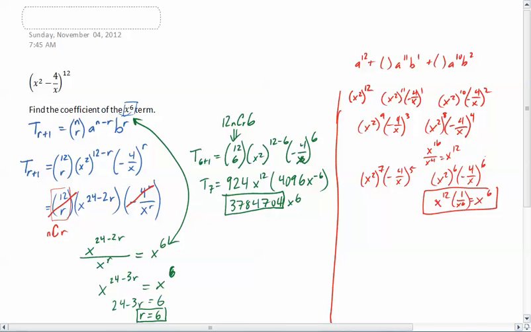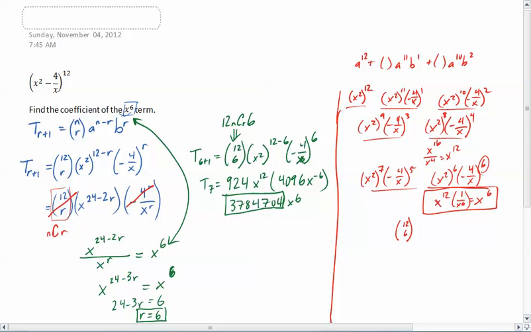I want. Now, of course, that means that this is going to be r equal to 6, and so from there you can go ahead and complete the problem, because you can just go, okay, well that means it's going to be 12, 6, because it is element 6 here. Right, we had 0, 1, 2, 3, 4, 5, 6, so I don't even have to remember that, I can actually just count them up.